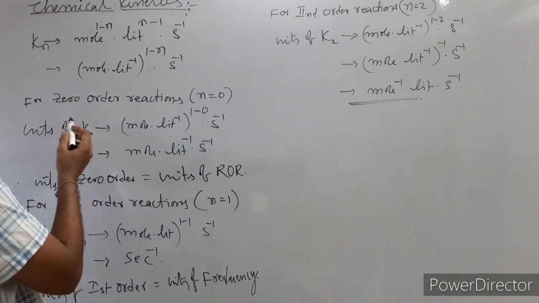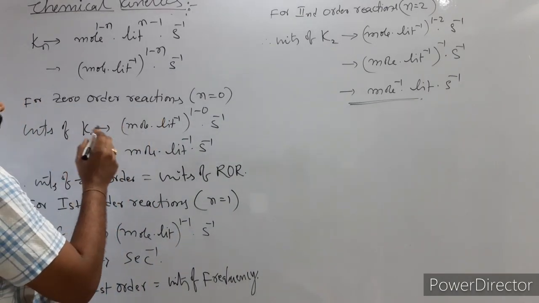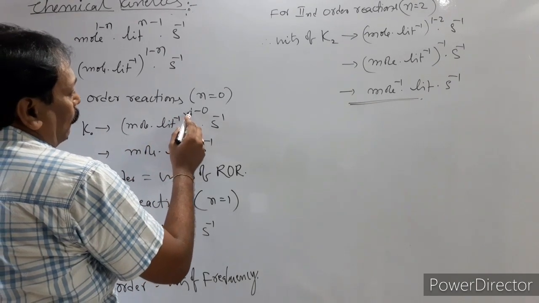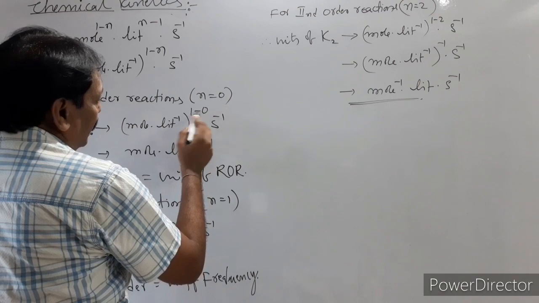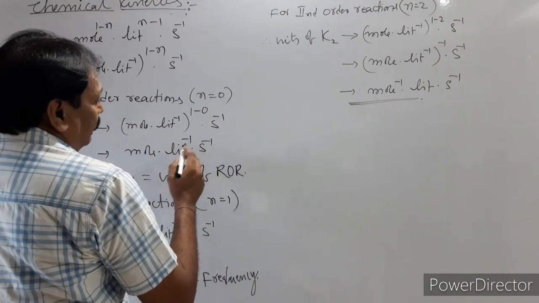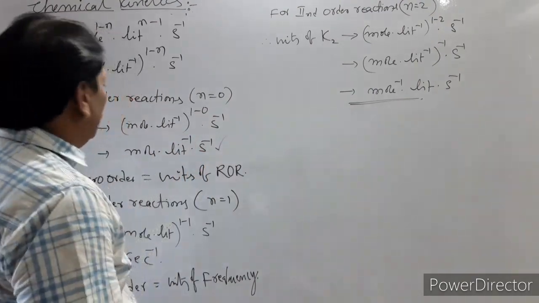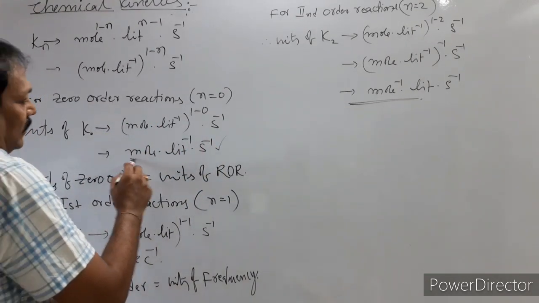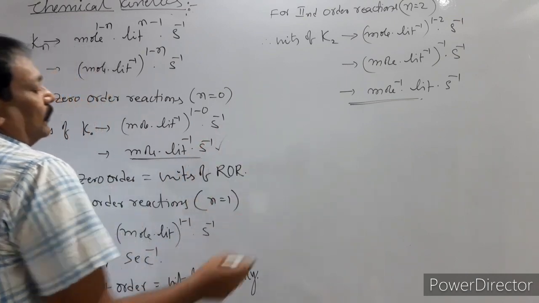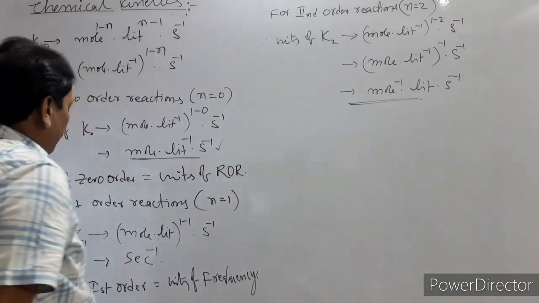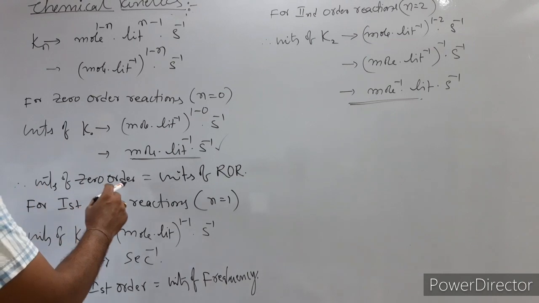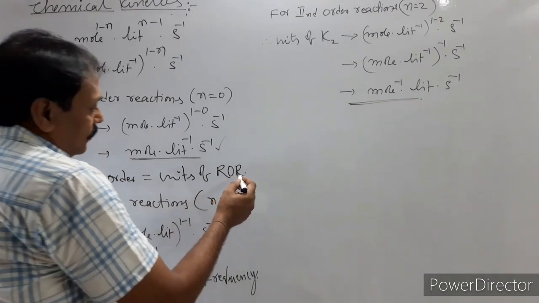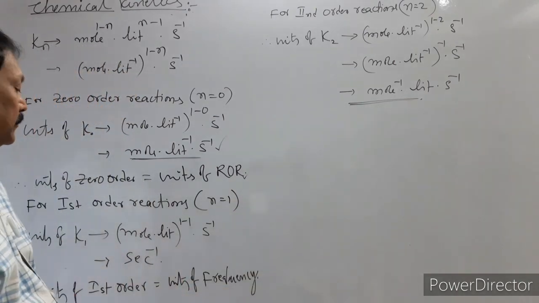So units of zero order rate constant K0 is mole into liter inverse power 1 minus 0, that is 1. So moles liter inverse second inverse is the units of zero order rate constant. These are similar to the units of rate of reaction. Therefore, units of zero order rate constant K0 is equal to units of rate of reaction.